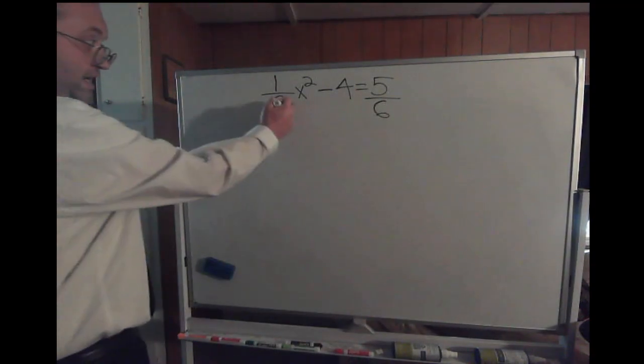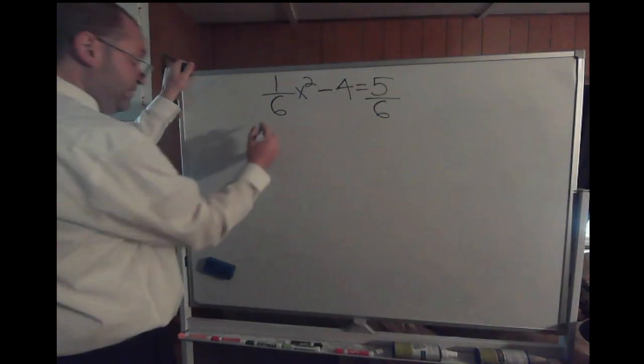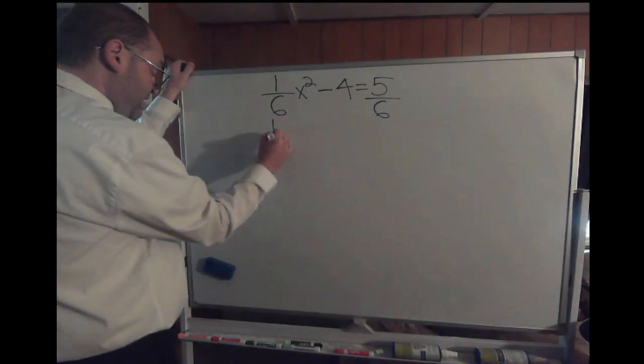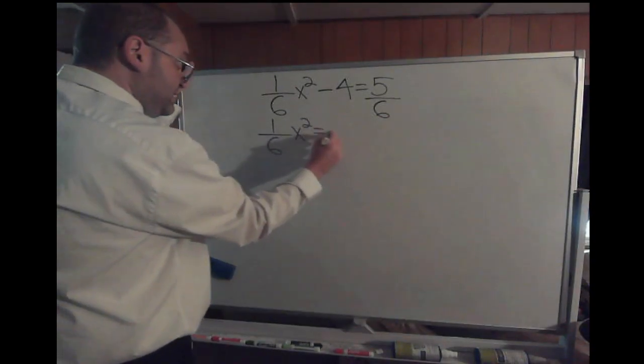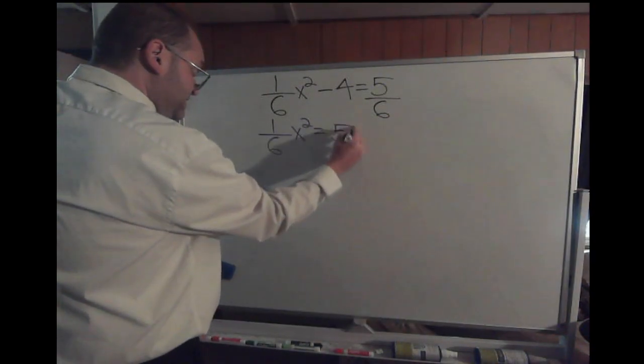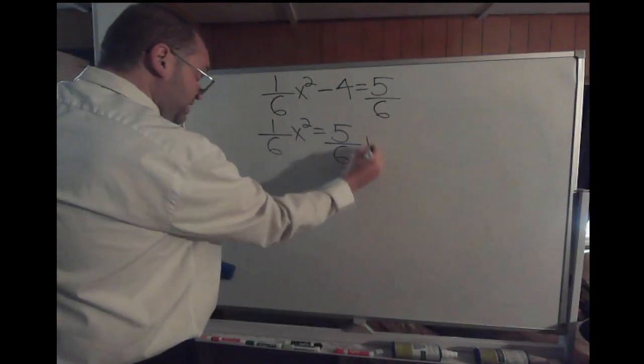Well, first, let's get that 1/6 x squared by itself. We have to add 4 to both sides. If we do that, we'll come up with 1/6 x squared is equal to 5/6 plus 4.